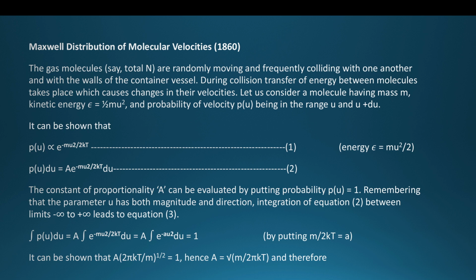The proportionality constant can be put in: P(u) du equal to A e raised to the power negative mu square over 2 kT du. The constant of proportionality A can be evaluated by putting the total probability equal to 1. Remembering that the parameter u has both directions, integration of the equation between limits negative infinity to plus infinity leads to the equation given below.